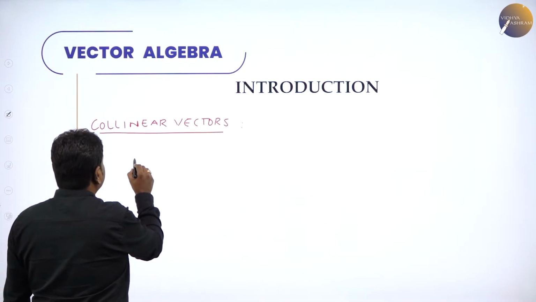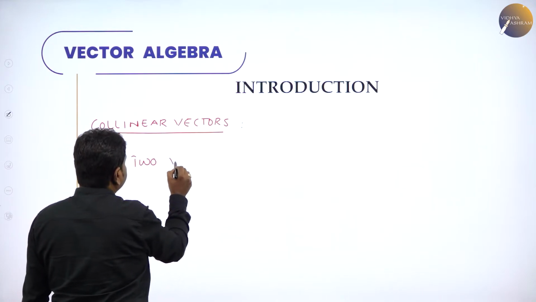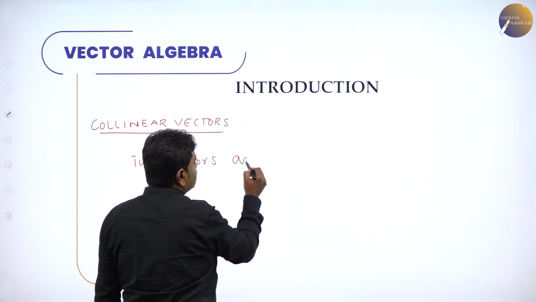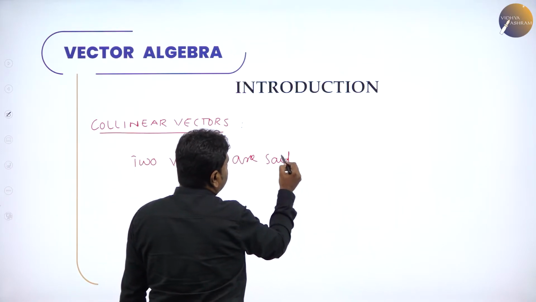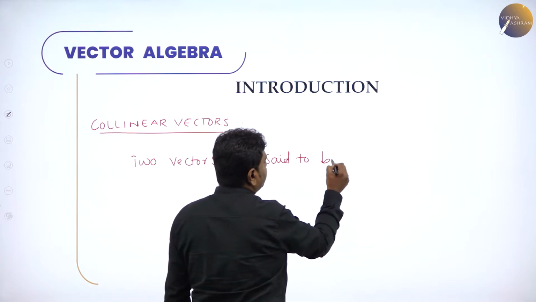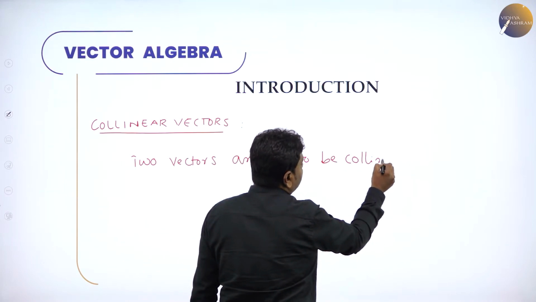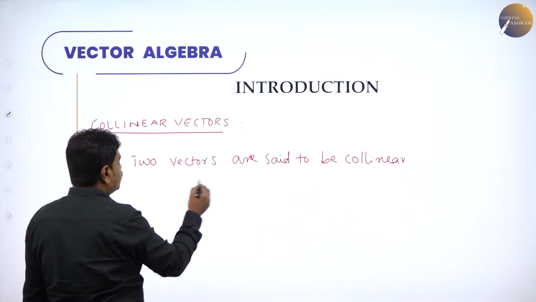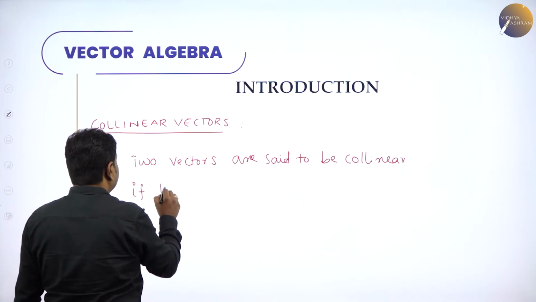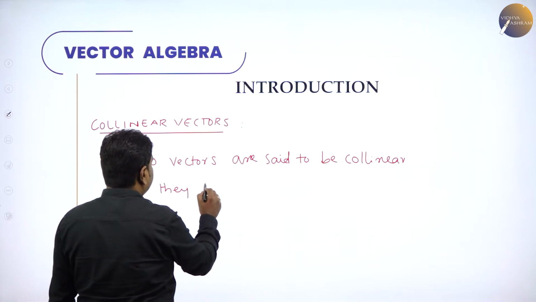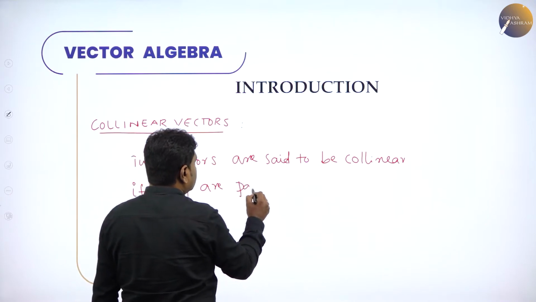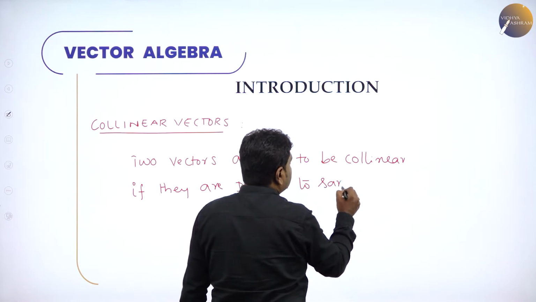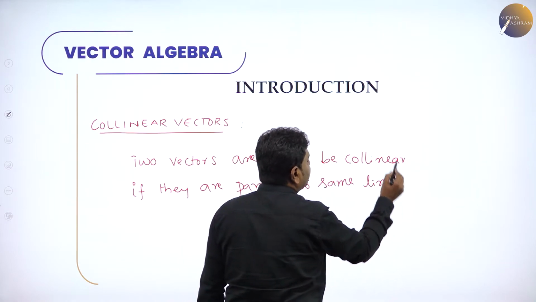So what are collinear vectors? Two vectors are said to be collinear if they are parallel to same line, or if they have same parallel support, and irrespective of magnitude and direction.